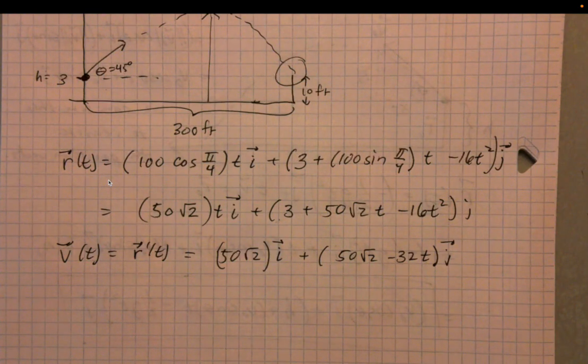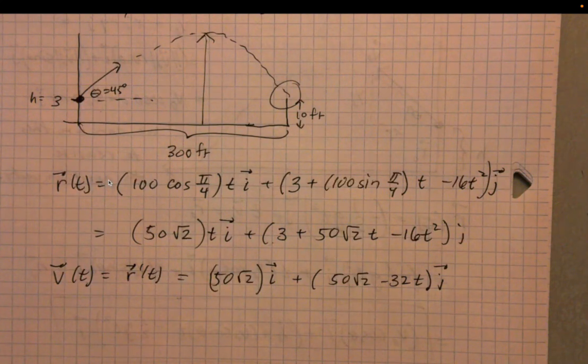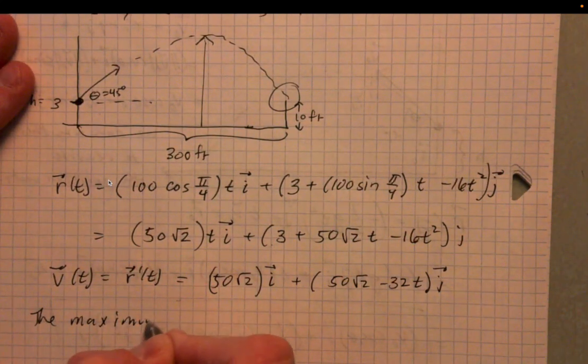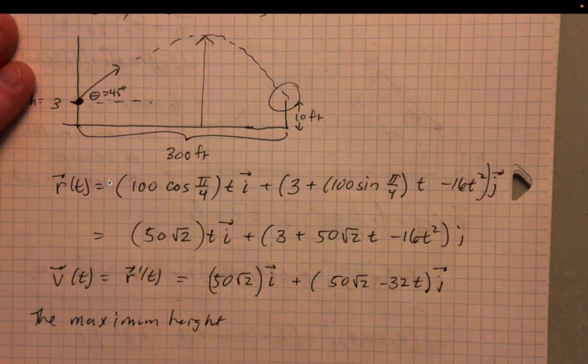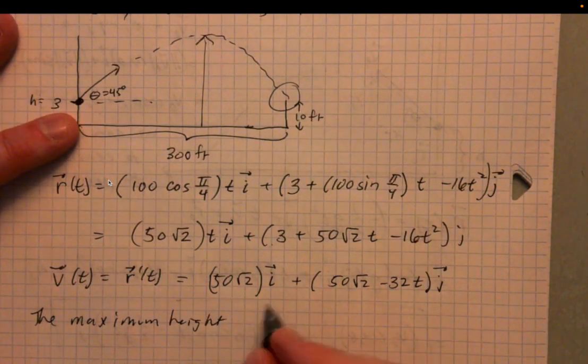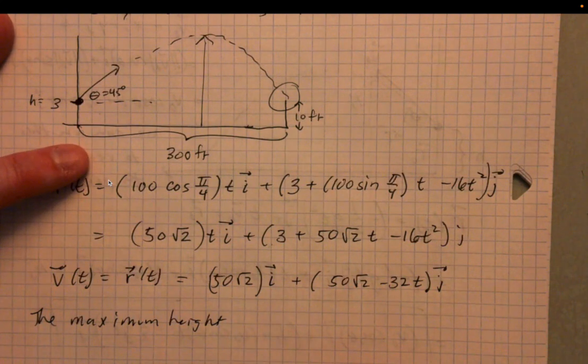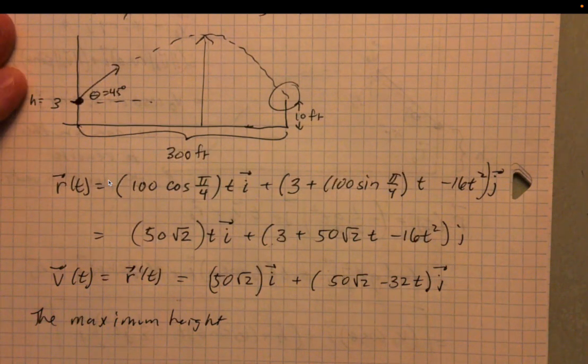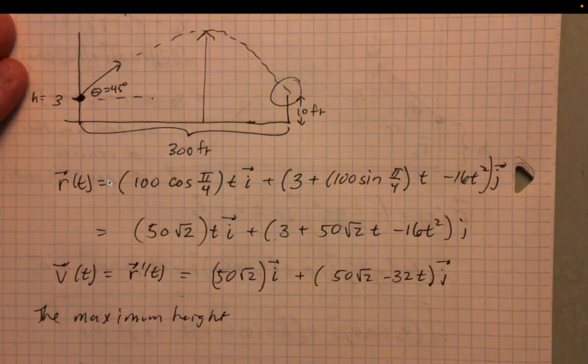Now how do we figure out this maximum height question? When is that going to happen? Conceptually, you always have to think about what's going on with the velocity and the position at various important times. At the maximum height, the y component of the velocity will be exactly 0.